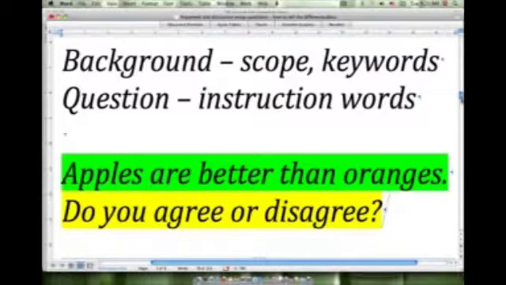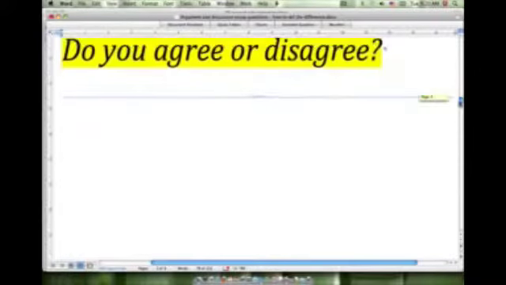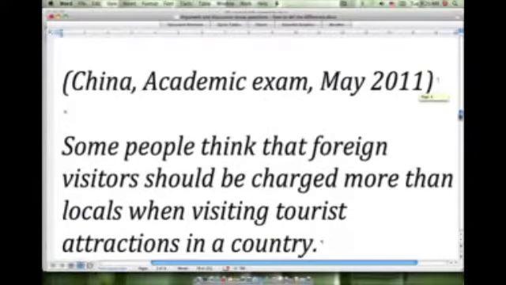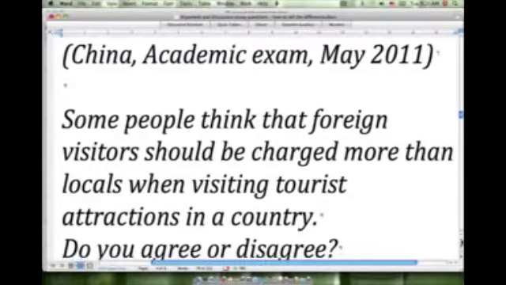Okay, now to show you a real example of this, and to show you how the question portion of the task can change the style of essay you will write, I'd like to use this example, which is from the examination that was seen in China, the academic examination in May of this year.